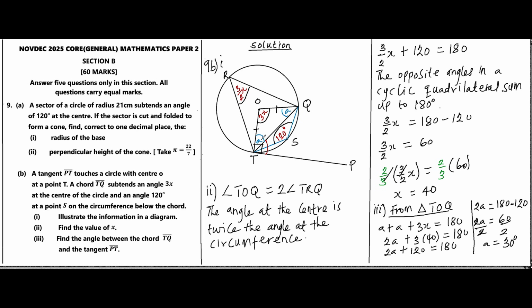But then one of the angles measures A. So let me represent the remaining angle, the one marked in red, as B. So that is what we are looking for.